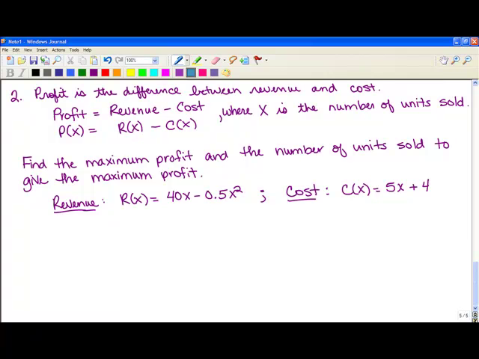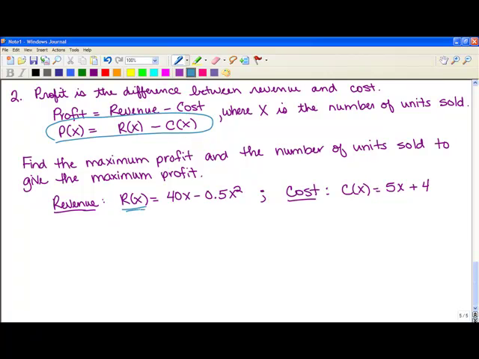And we have a calculation for the revenue. Here's our function. It's R of X equals 40x minus 0.5x squared. And a function is also given for the cost, and that is C of X equals 5x plus 4. Now, in order to figure out the profit, we need to consider this equation, and we'll need to subtract revenue and cost.